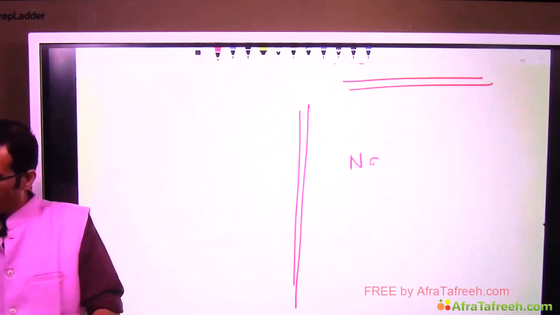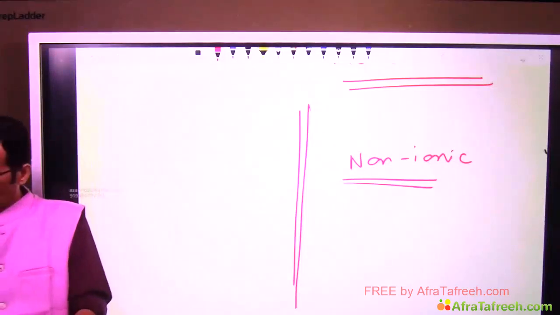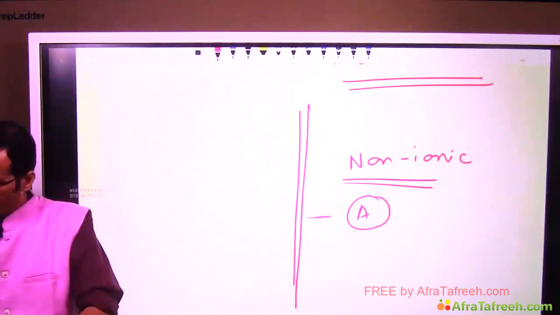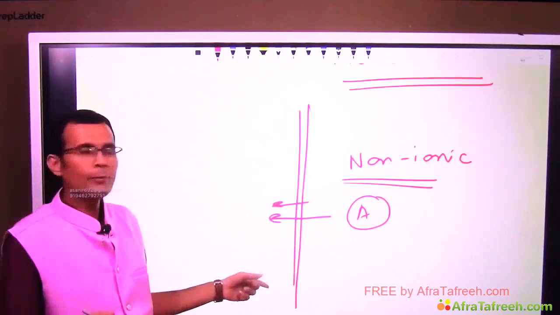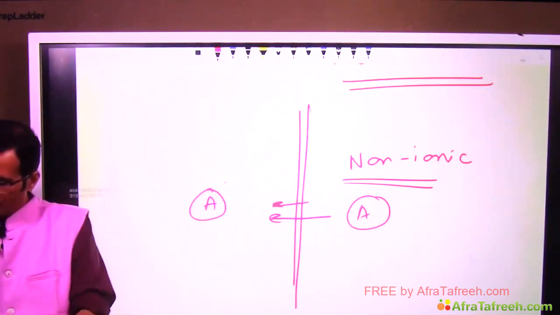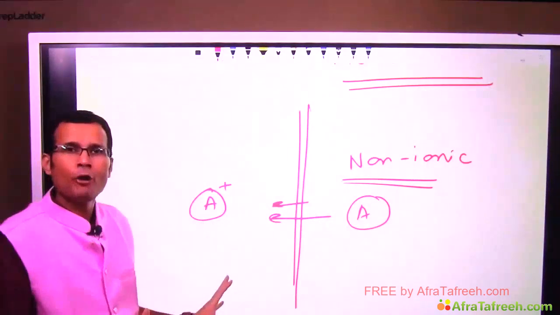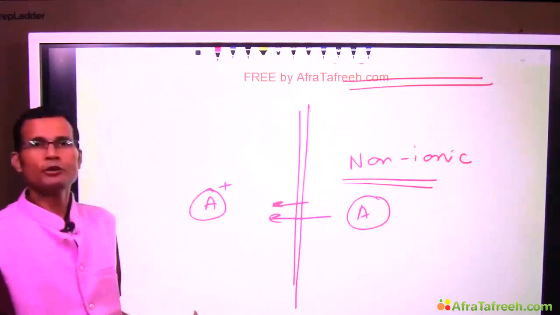Non-ionic form of a particular acid is more diffusible, so it diffuses through the membrane, goes to the other side of the membrane and acquires an ion. This is just a diagrammatic representation. It acquires an ion. Now this has become ionic form, and I said already ionic forms are less diffusible.